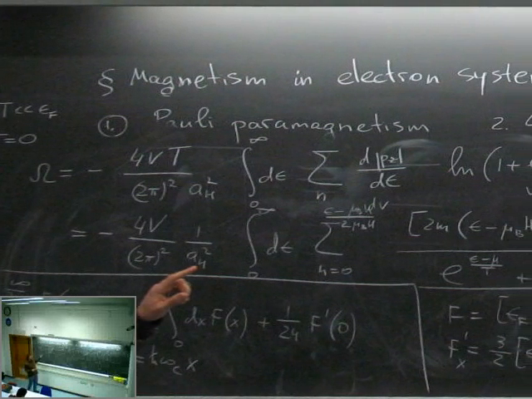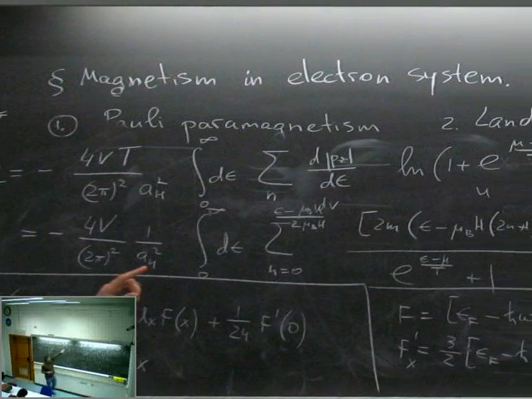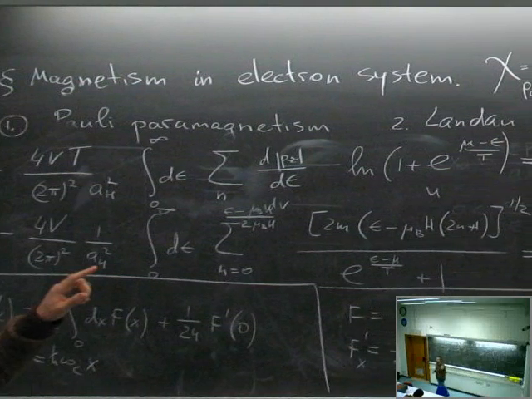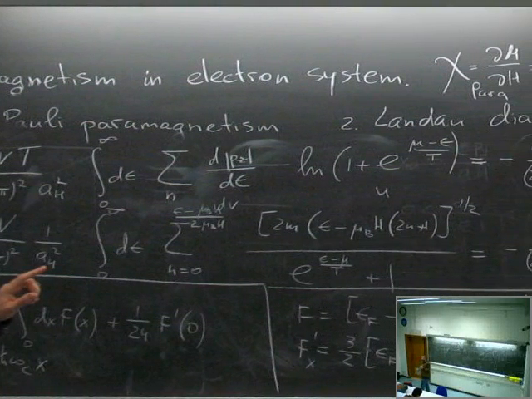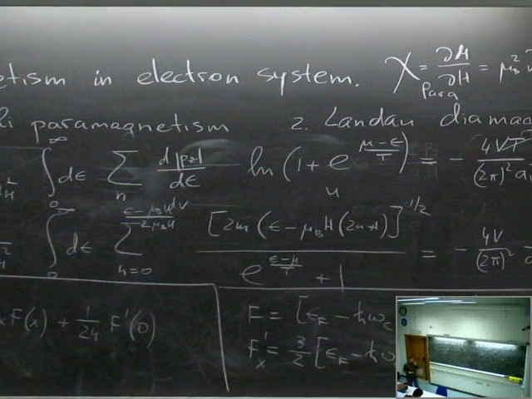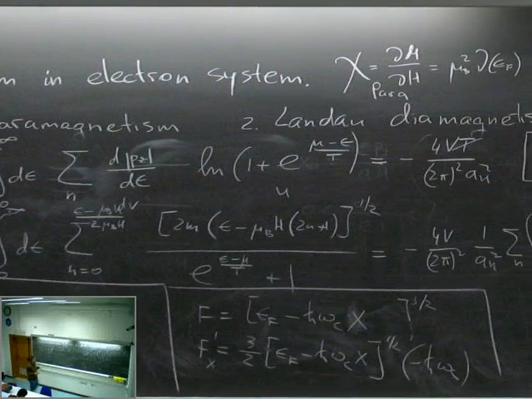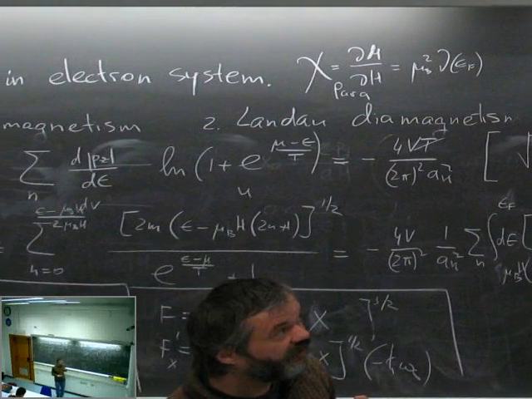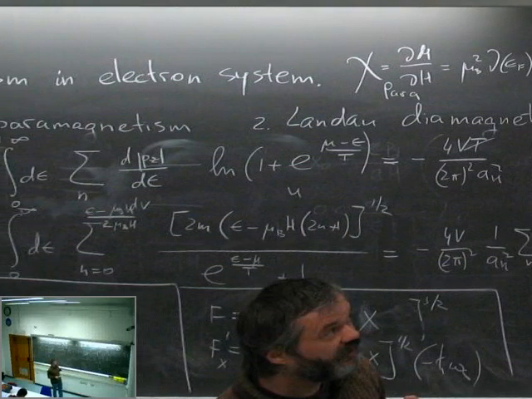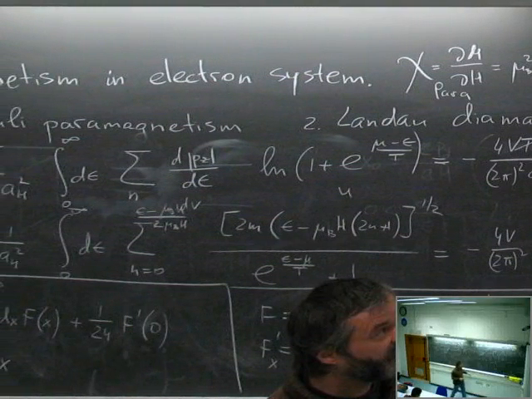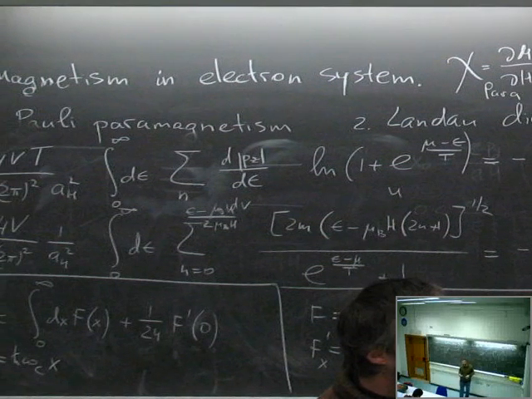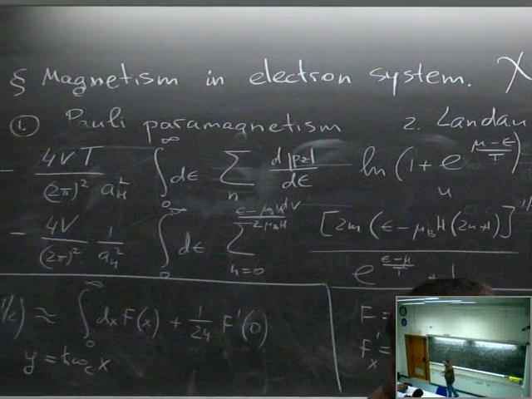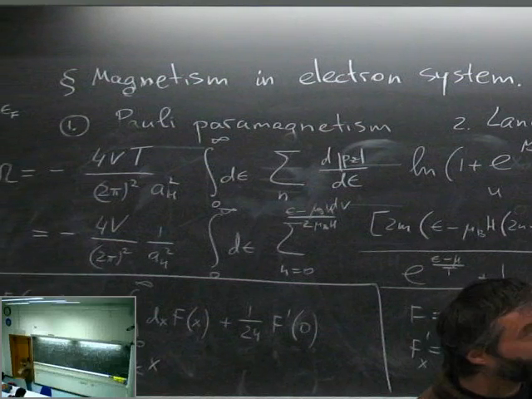The mass in the Bohr magneton for the paramagnet is clearly the bare electron mass. It doesn't have anything to do with the band structure, and all band structure effects are absent. Here, the mass associated with the Bohr magneton in this formula knows about the effective mass, about the orbital motion of the electrons.